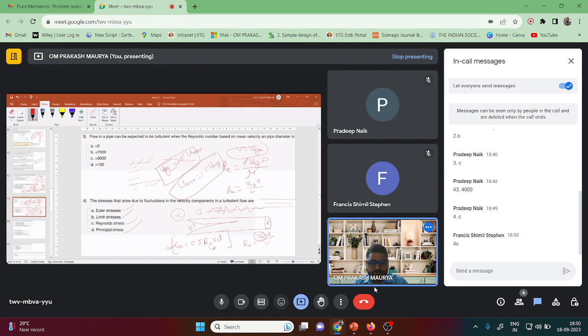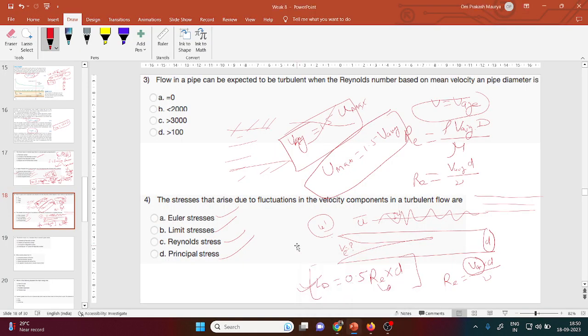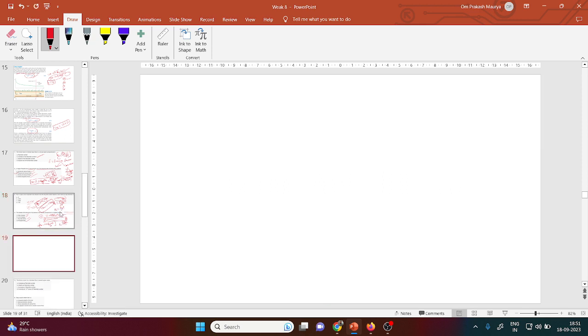Let me discuss how it is. Just for your general knowledge, I want to discuss some concepts here about turbulent flow. In case of turbulent flow, your velocity is like that, not a straight line.